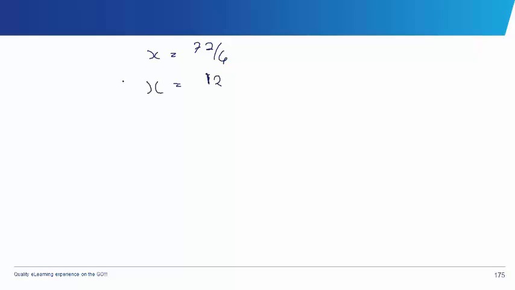So therefore x is equal to 12. Since x is 12, that means small h is equal to 12, and then big H is 12 plus 12, which is equal to 24 cm.